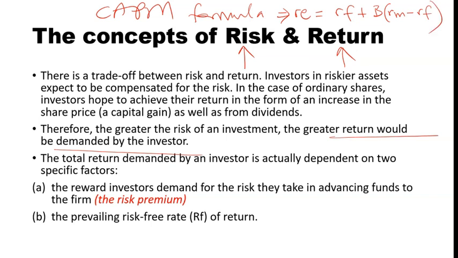We'll talk much more about this formula later in the video, but this is what is being explained here: the total return demanded by the investor takes into consideration the risk-free rate of return.